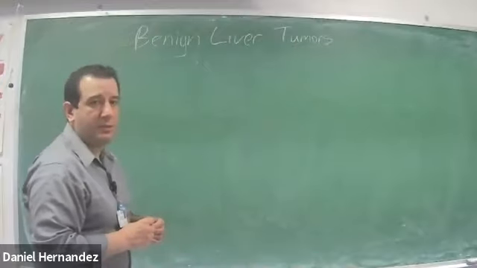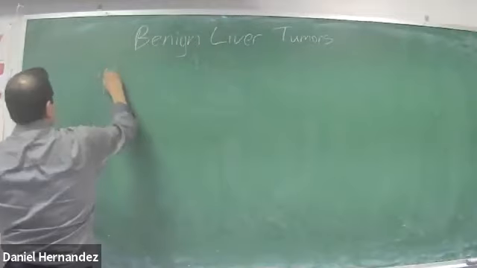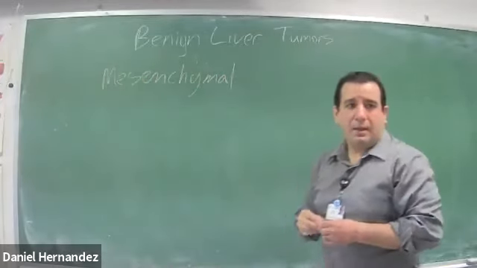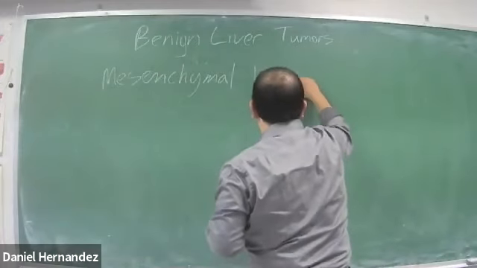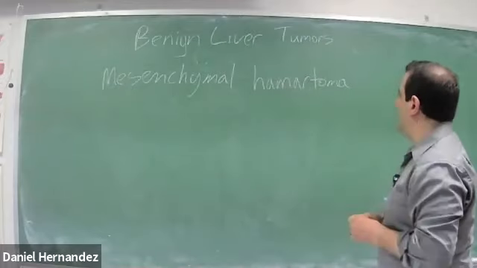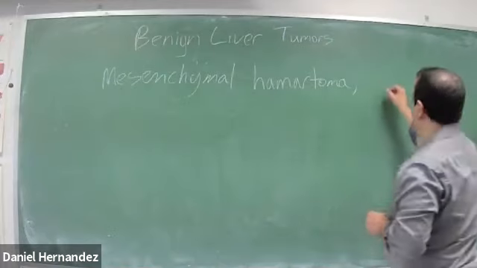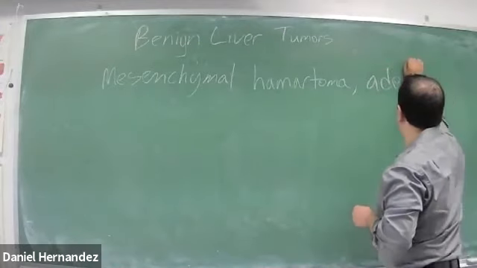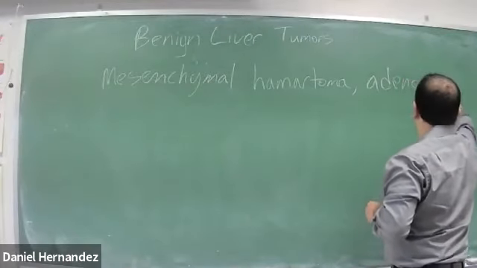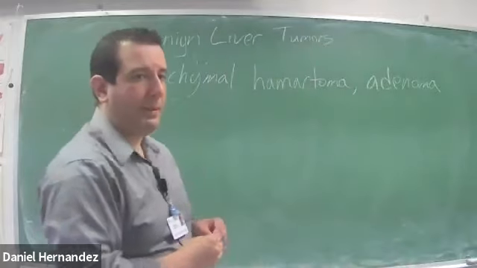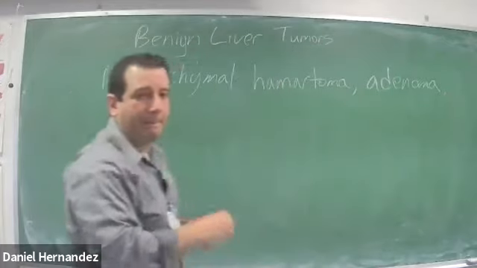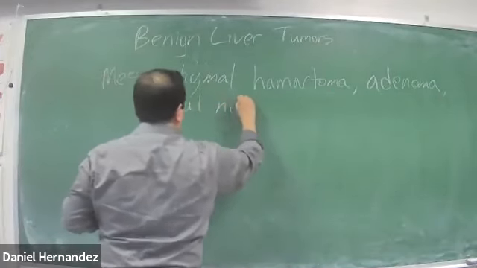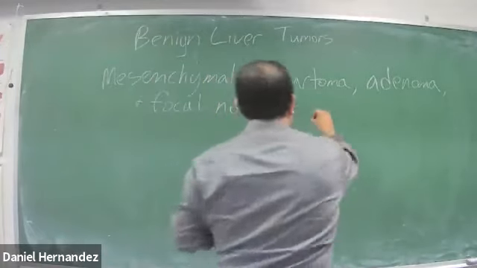Some other benign liver tumors: you have a mesenchymal hamartoma, you also have an adenoma, and focal nodular hyperplasia.